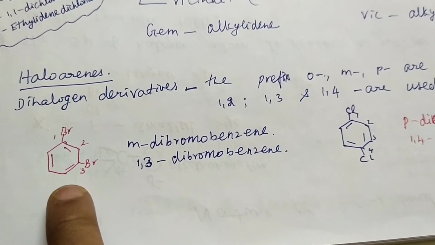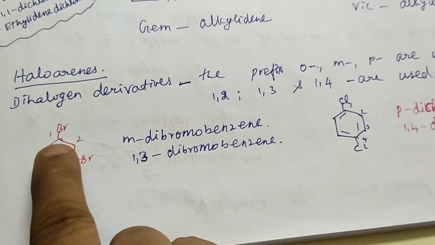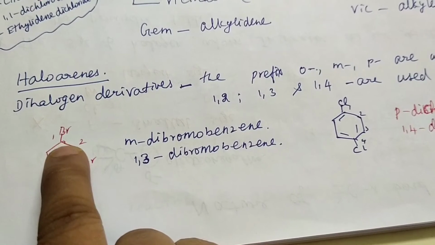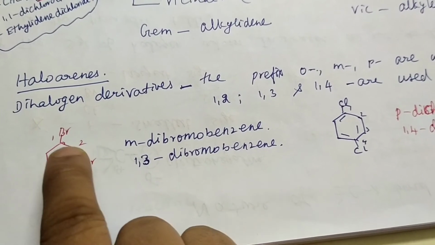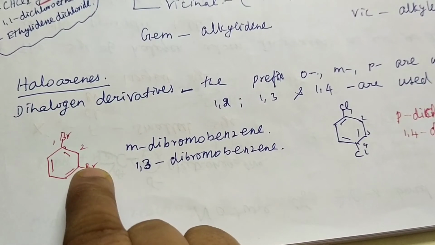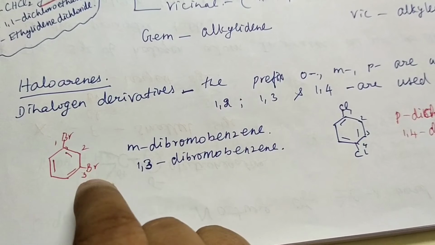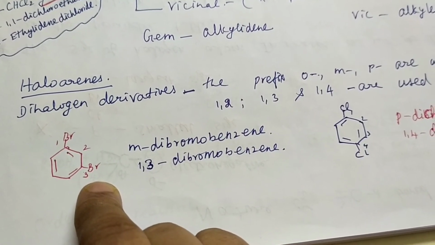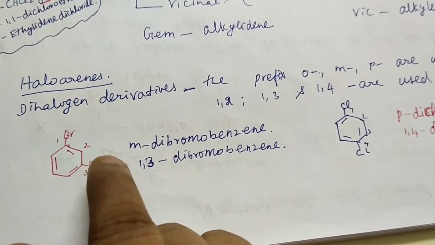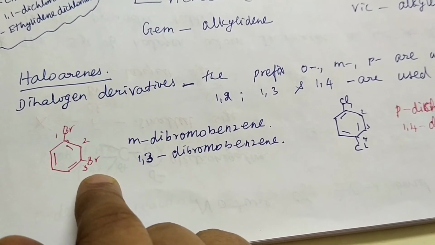Now one example is given. Bromine is on the first carbon, second, third. We have to number in such a way that the substituent gets the least number. When you number this side, 1, 2, 3, 4, 5, it becomes the largest number, which is wrong.